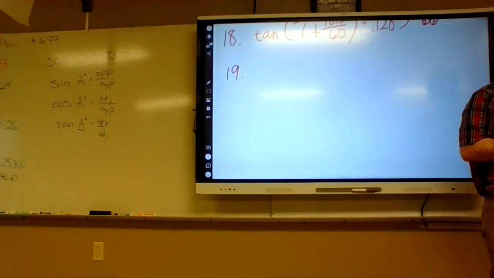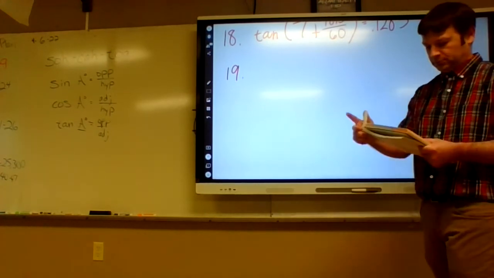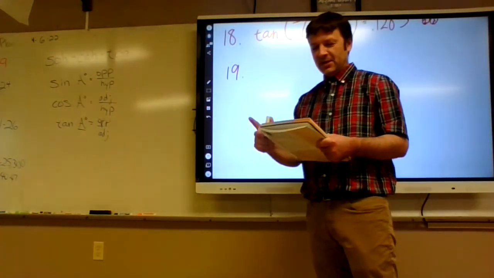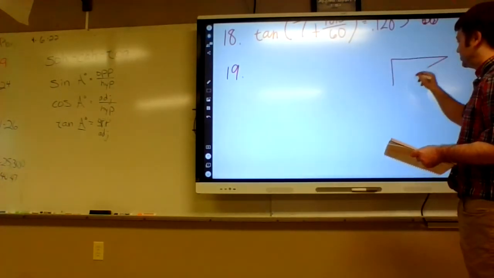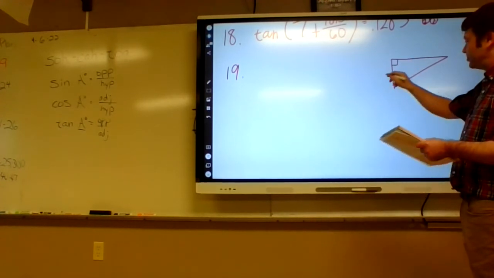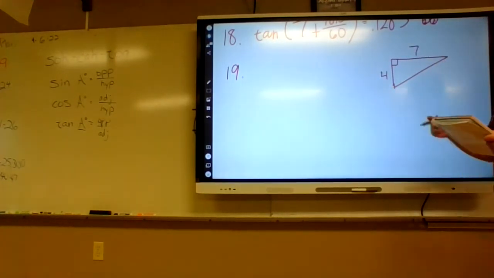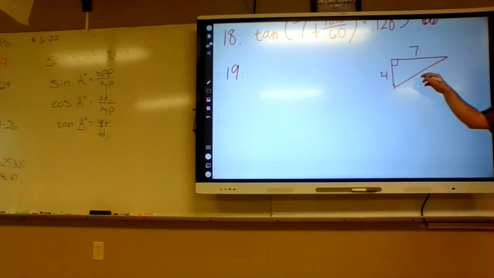I think we got 14, don't we? Okay, 14's a repeat, and 19's a repeat. I do not know why they put this in the B section. Well, guess what we need to do first with this one? Find the hypotenuse.